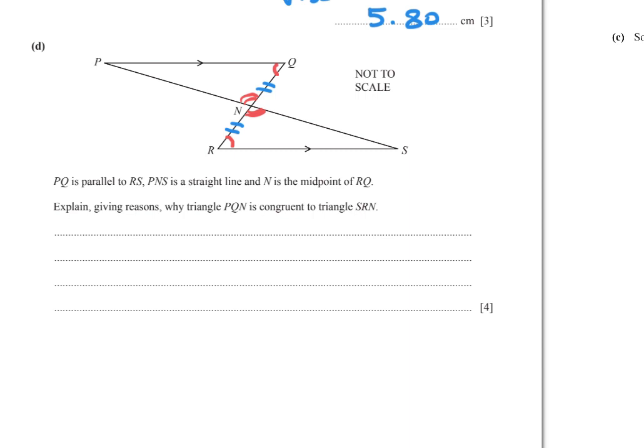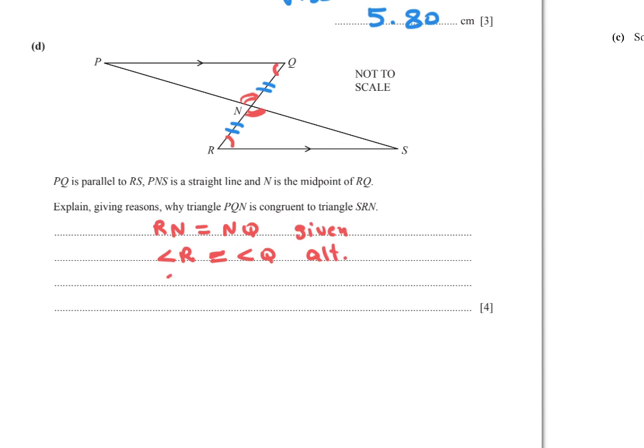So we can write that first, RN equals NQ, it's given to you. And angle R equals angle Q because of alternate angles.